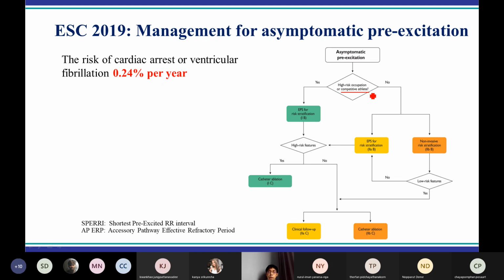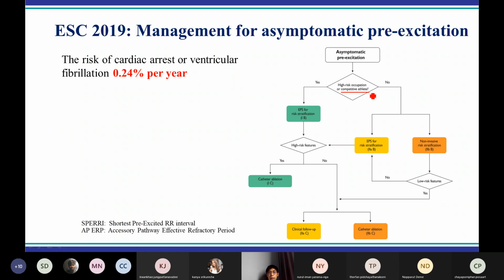A high-risk occupation is defined as an occupation that has a responsibility for many other people's lives, such as a pilot, a bus driver, or a scuba diver. Competitive athletes are also included, since competitive sport could be harmful and can lead to VFib.